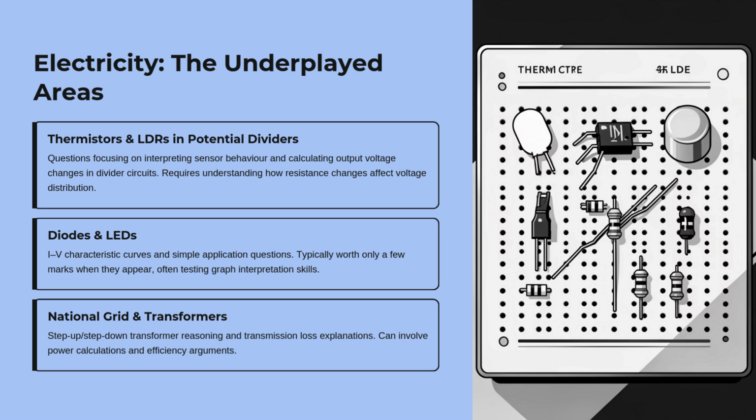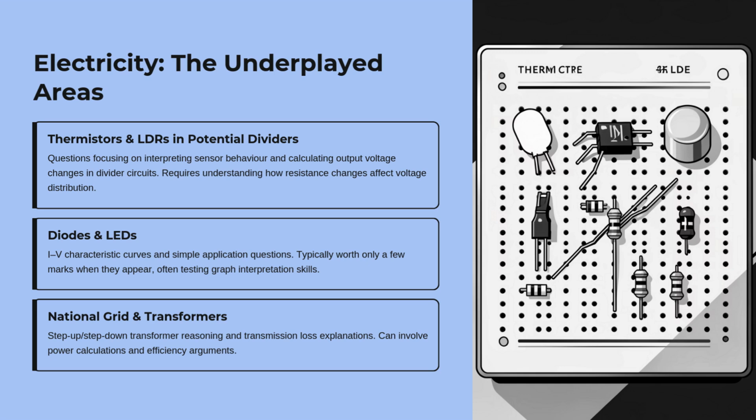Things like thermistors, LDRs and potential dividers. This is the classic sensor question: what happens to the voltage when the sensor changes? The trick is knowing that if resistance changes, the voltage splits differently. So don't just memorize, picture the circuit sharing voltage.